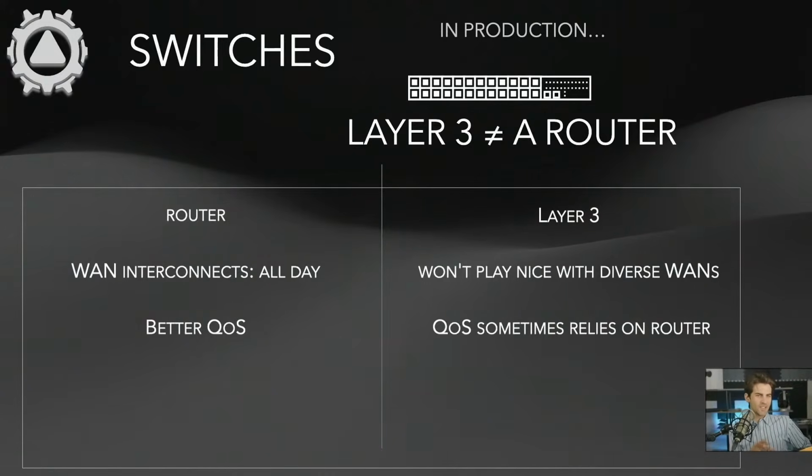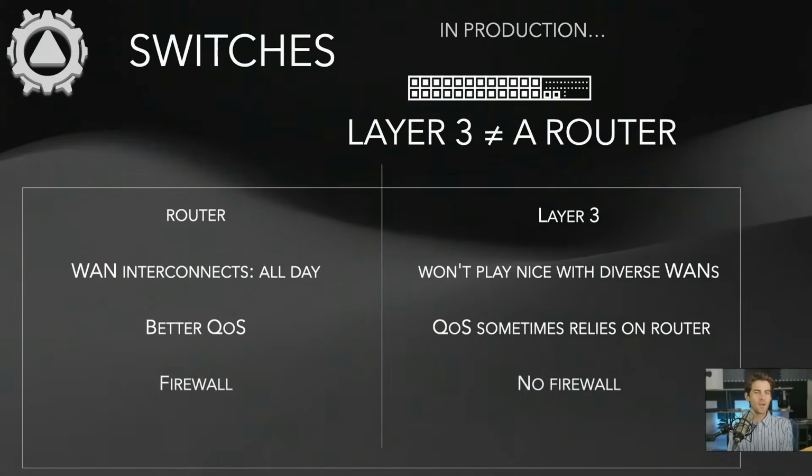A layer 3 switch, although it sometimes relies on the router, it's hard to say whether it's actually going to do this very well. The really big one here is that a router always has a firewall, and a layer 3 switch does not.